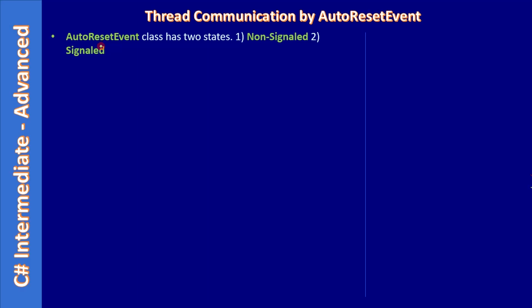AutoResetEvent class has two states. One is non-signaled and another one is signaled. So this class will be useful when one thread wants to communicate with another thread.